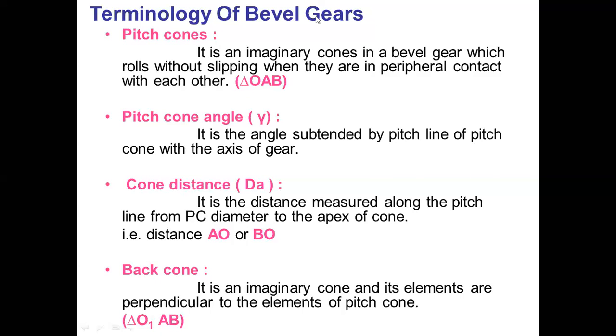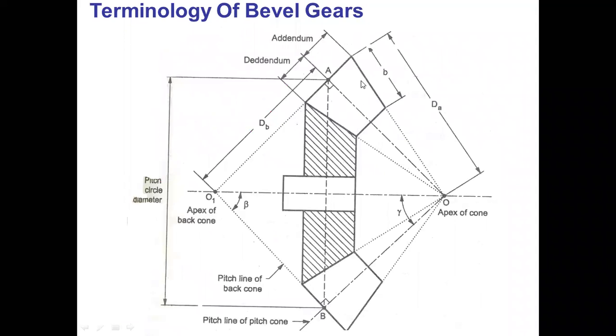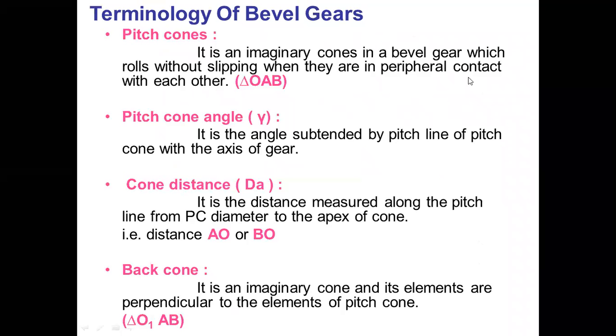Gamma is the angle subtended between the pitch line of the pitch cone and the axis of the gear. Pitch line means this dotted line. This is the pitch line and this is the axis of the gear, and the angle between these two lines is called the pitch cone angle, denoted by gamma.